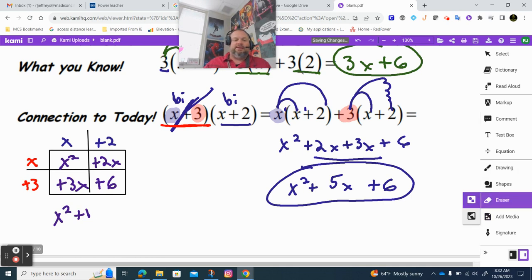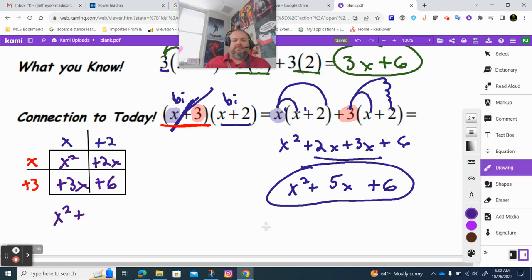Yes. Oh, I was trying to. The question was, why did I put that as a bi and a bi? That's because this is a binomial because it has two terms.